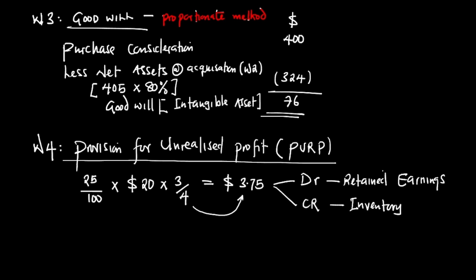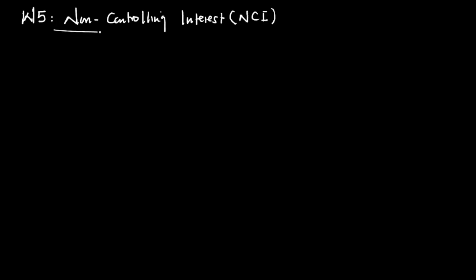Then we can make some progress. We go to working number 5. The non-controlling interest, commonly known as NCI. So this one will show you where it's coming from.